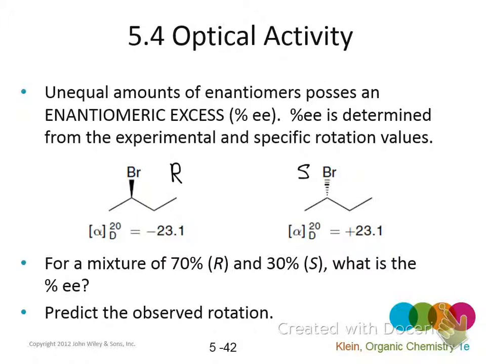So you can calculate how far the light rotates simply by saying 0.70 times negative 23.1. That's how much the light is going to rotate to the left. And then 0.30 times 23.1, positive. That's how much it rotates to the right.